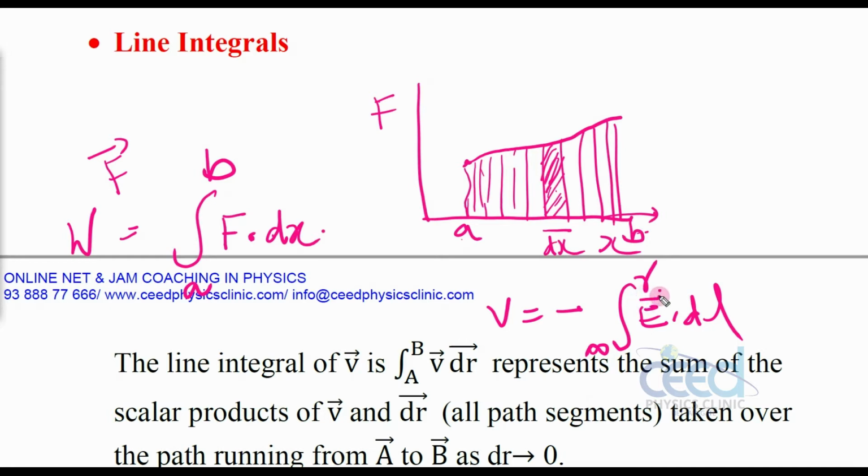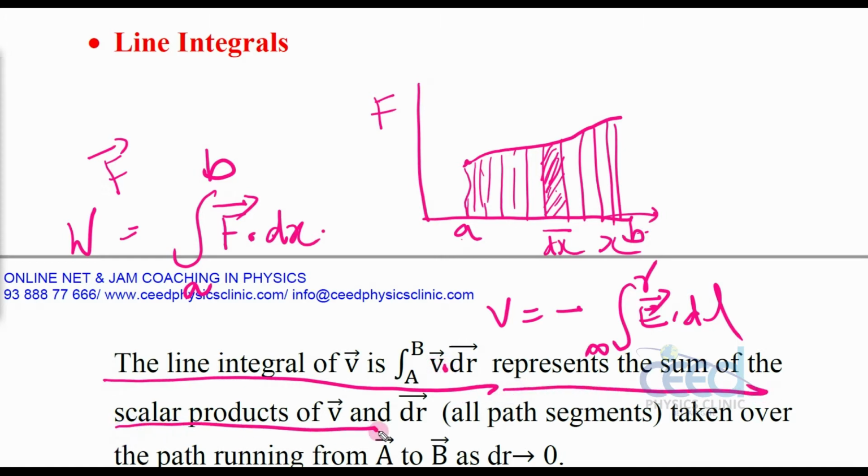Here the electric field is a vector, there force is a vector. So line integration means integrating over a path. The line integral is represented by v dot dr, the sum of scalar products of v and dr over all segments.